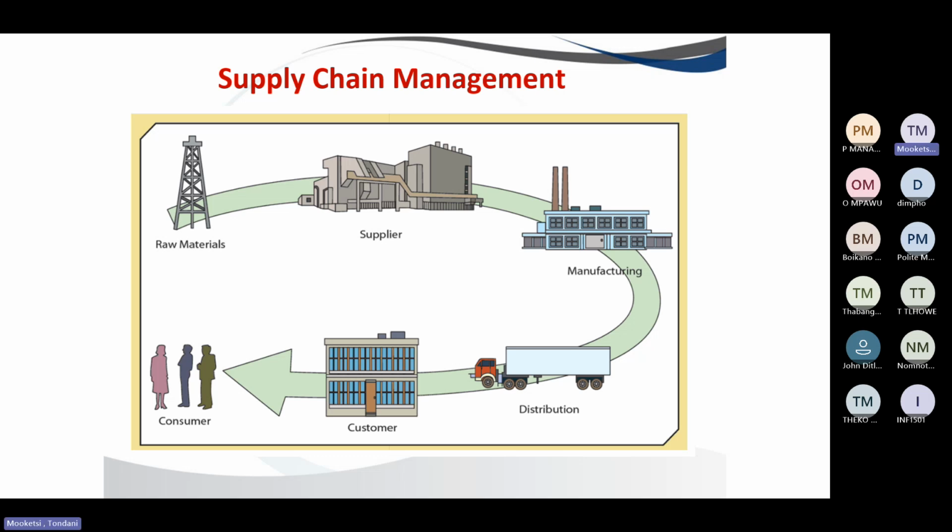Once manufacturing is completed in the factory, regardless of how many steps are involved in the manufacturing process, then the completed product must be distributed to retail shops, to distribution points where customers can get it, and then the end consumer can get the product.